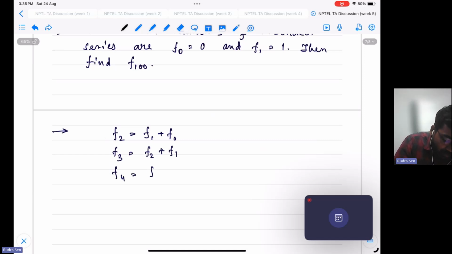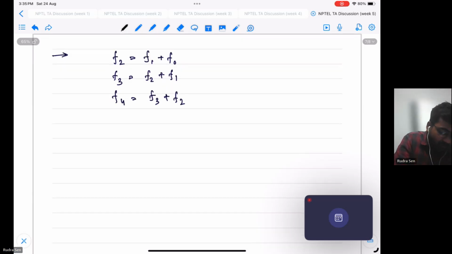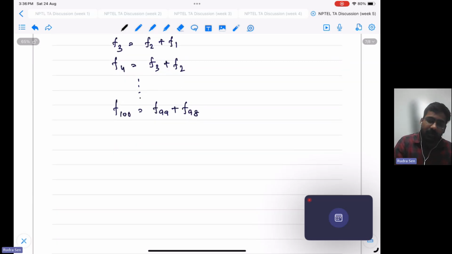For f4 we need f3 plus f2. Similarly, for f100 we need f99 plus f98. So this is the thing.